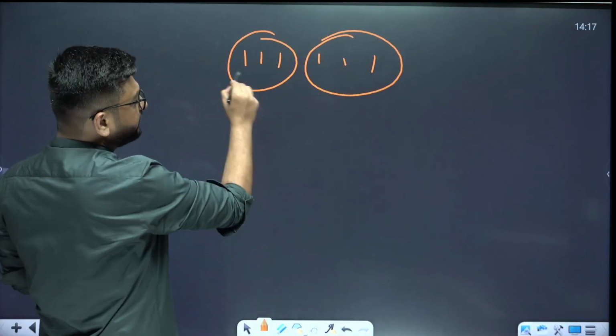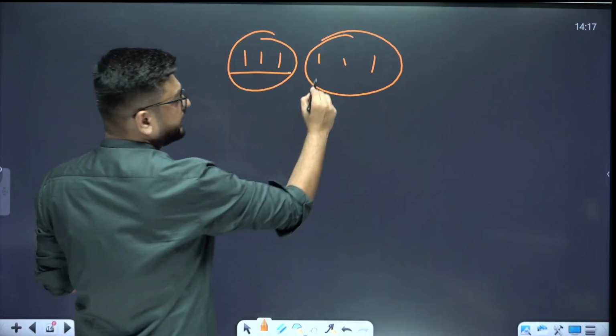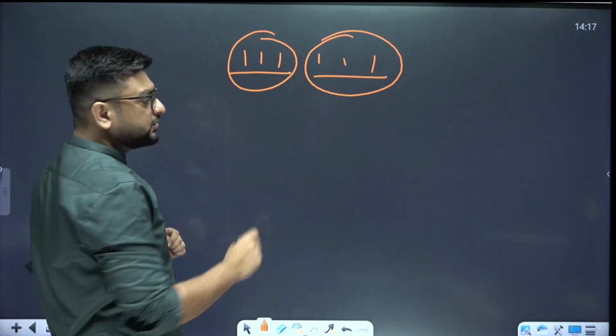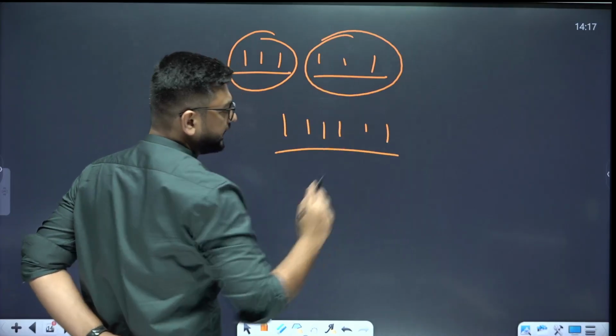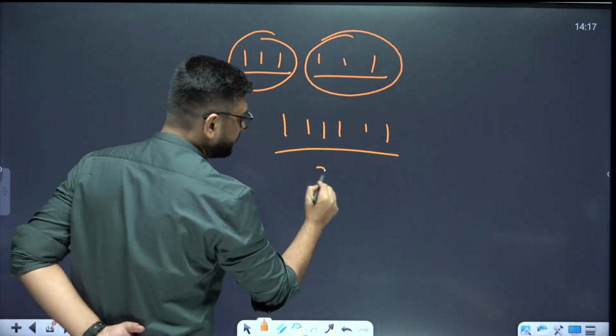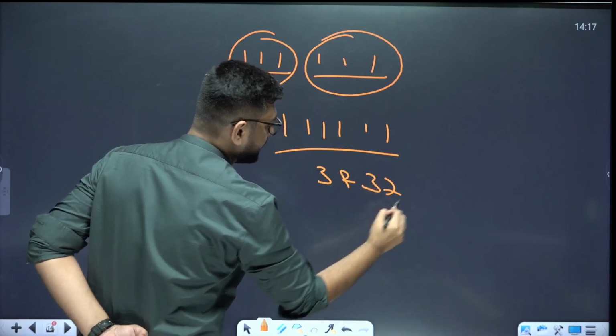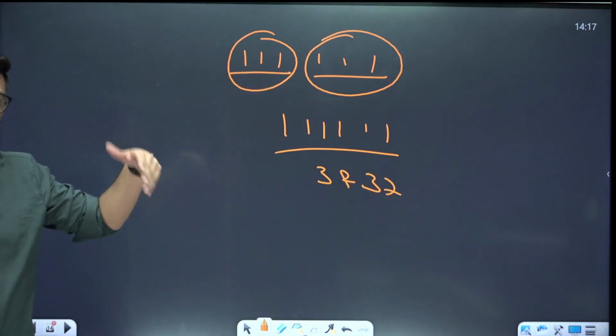This 3 is directly divisible by 3 and this 3 is directly divisible by 3. So that means the whole number is divisible by 3 and 37. So you can create the batches.